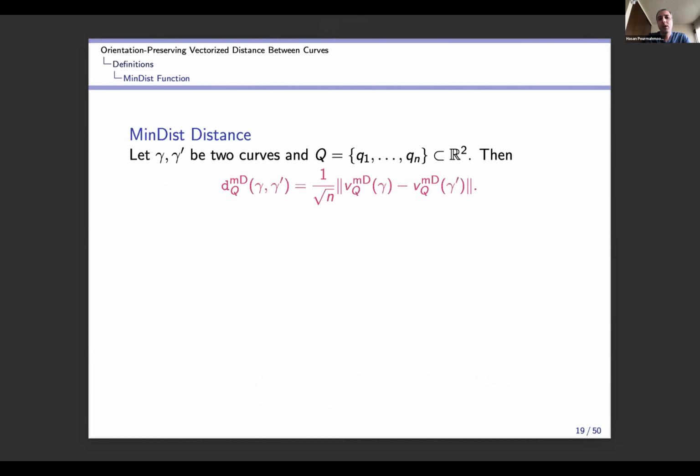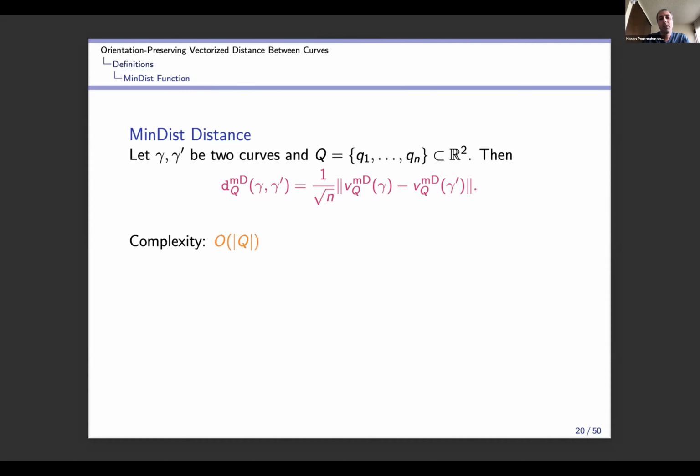Now the mean distance is defined in this way. They embed the curves into a Euclidean space and then take the usual Euclidean distance between the two embedded vectors, and they normalize it because of some nice properties.